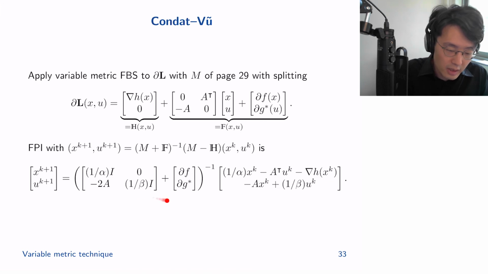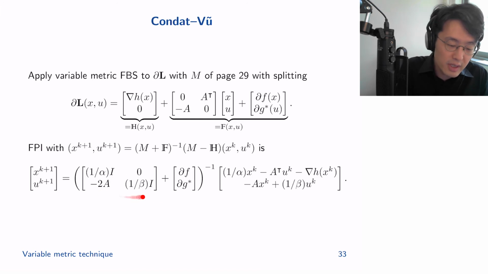And then within the inverse, we have the lower triangular linear system, because this upper triangular part cancels out the upper triangular part of the metric M. And then in the lower bottom part, we have minus 2A, and then the identities in the diagonals.